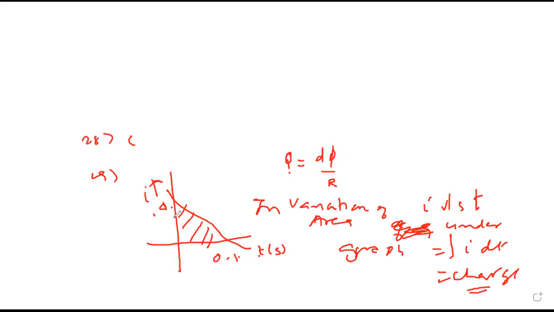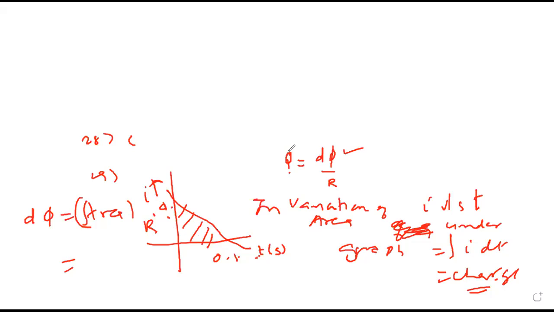So if I know charge, can I find d phi? So d phi is area under graph into R, correct or not? In the graph of I against t, area under graph is called charge.